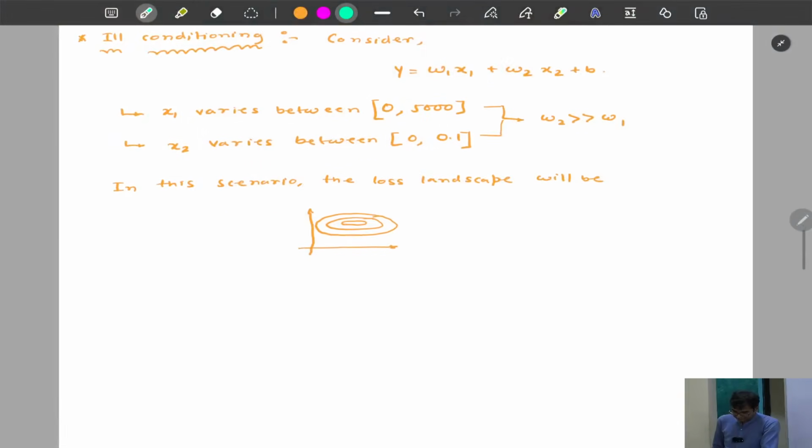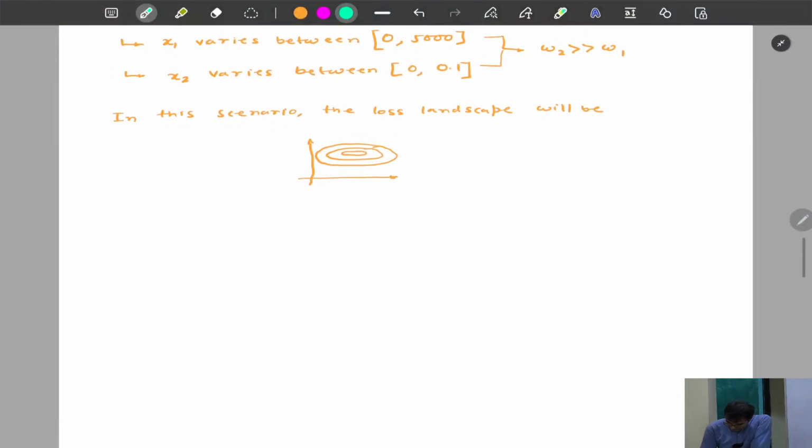So in that case, what will happen? How do you think it will behave if I start from some point here? I start from here and this is my optima. Do you think it will move? How does anything move? Theta t plus 1 is equal to theta t minus eta times gradient, right? Now you have two gradients here. So how will it move? In which direction will it move fast? The direction in which the gradient is more, which is this direction.